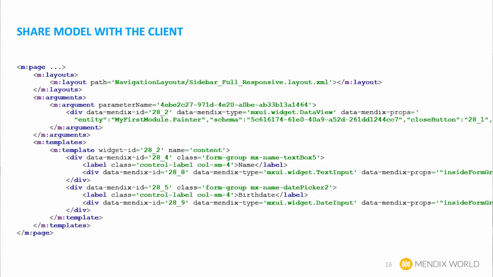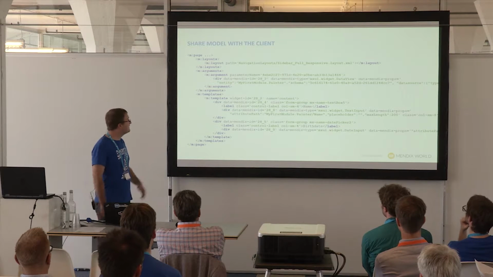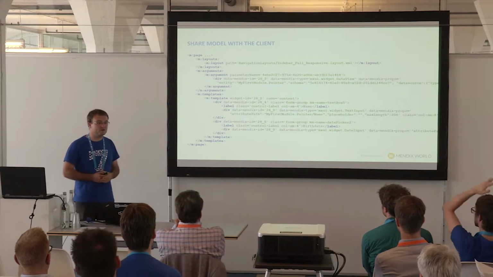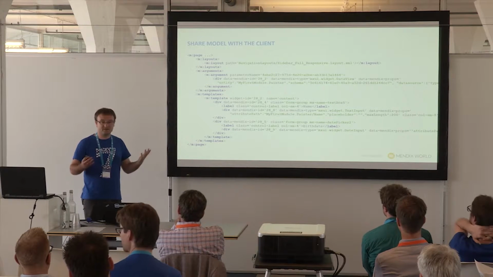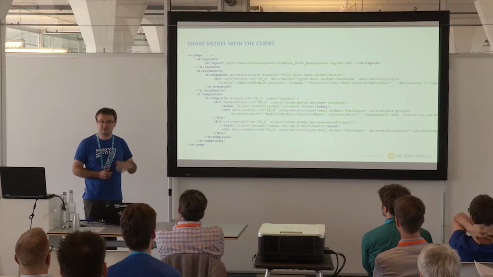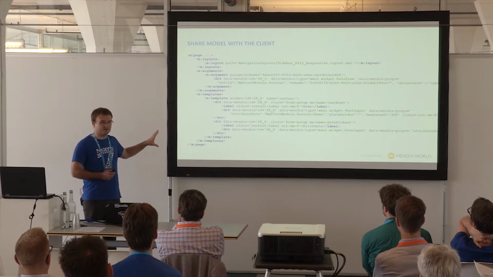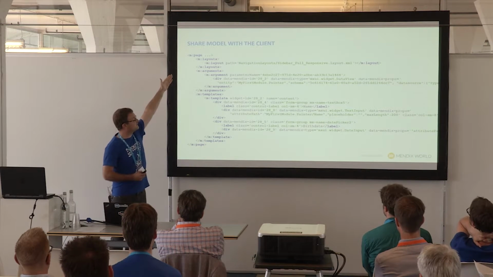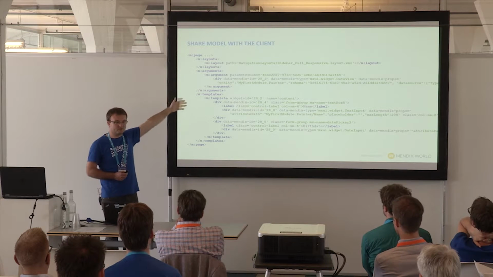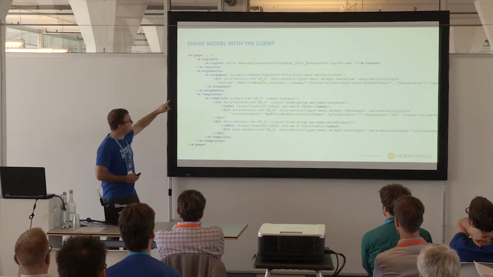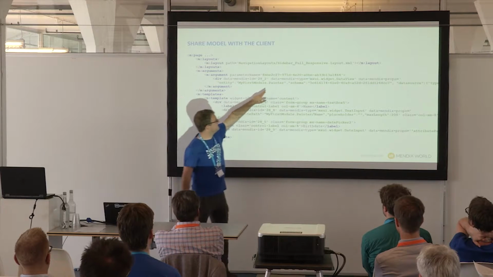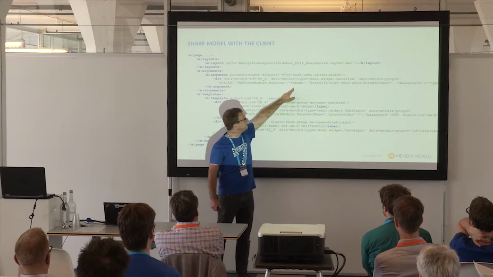So that's pretty awesome. We have a model. How do we get it to the client? Well, actually, the same way. We have a page.xml. You probably have seen this. If you deploy your application, you go to the deployment folder, you see a lot of pages.xml files. So it's XML, it describes the layout, it describes the contents of the pages. But interesting to see here is the data Mendix types.